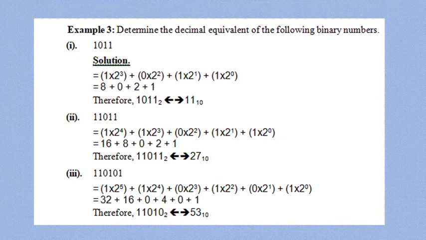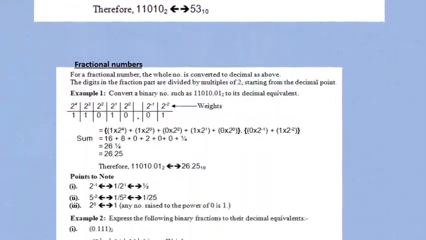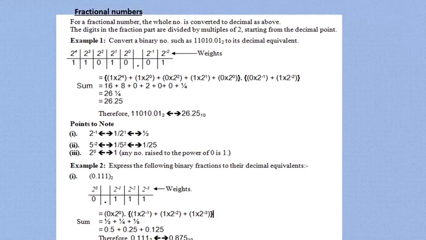Then, what if we have a fractional part? What if you are given a number with a fractional part? Like now, convert a binary number such as this one. Remember, it has a dot, the decimal point. Therefore, there is not much difficulty here.